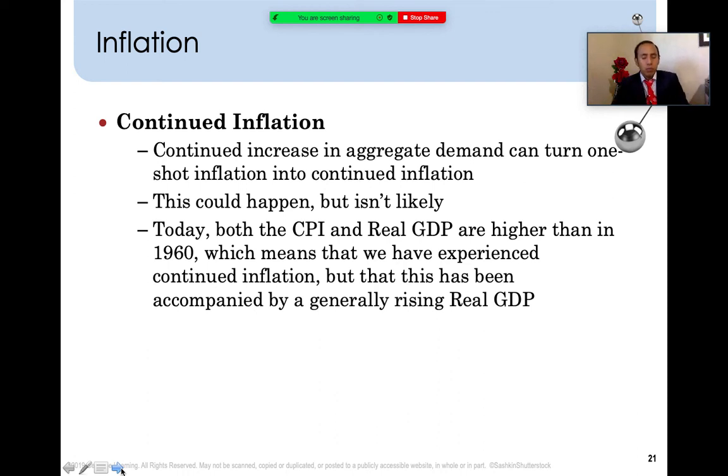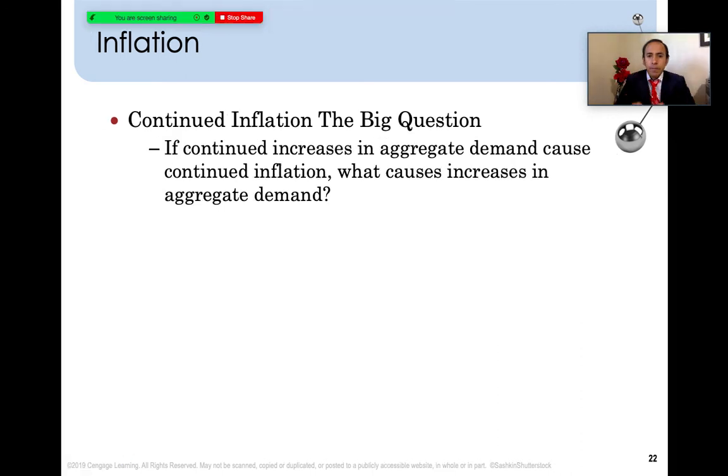We have more output, more goods and services, a lot more products, and the prices have increased as well. And the price level has increased slightly. And we have had periods of high inflation years and also periods of stable inflation.